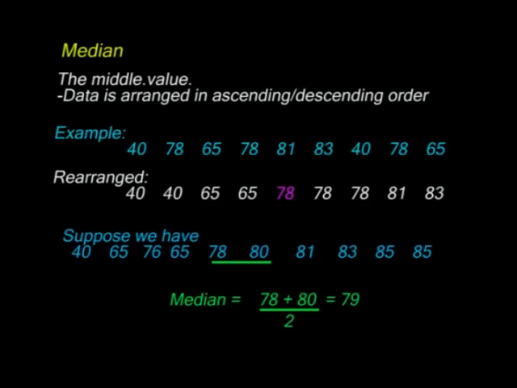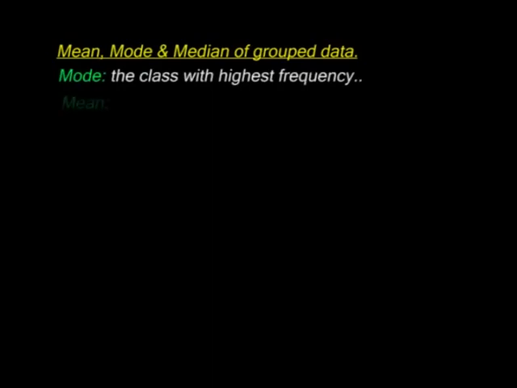We now look at the mean, mode, and the median of group data. We look at the measures of central tendencies for group data. Now, for group data, the class with the highest frequency is usually the modal class. As for the mean, we shall use the formula x bar is equal to summation of fx over summation of frequency.